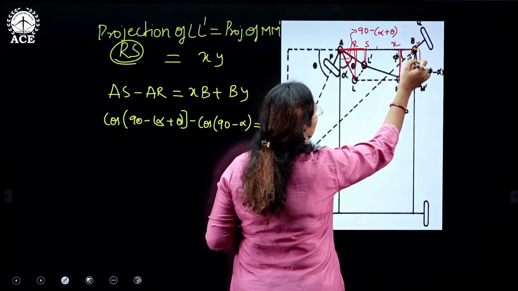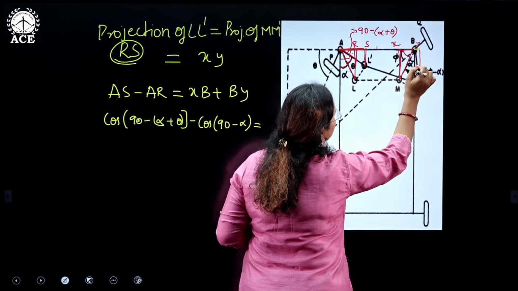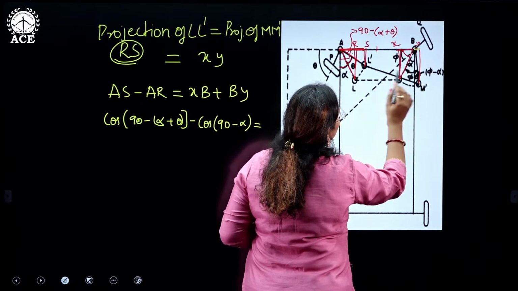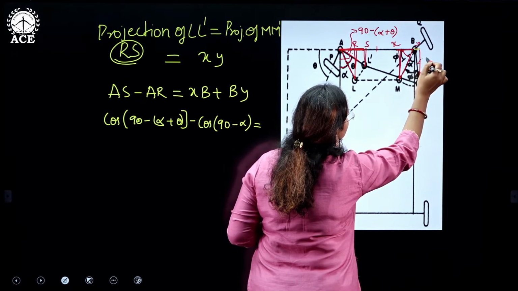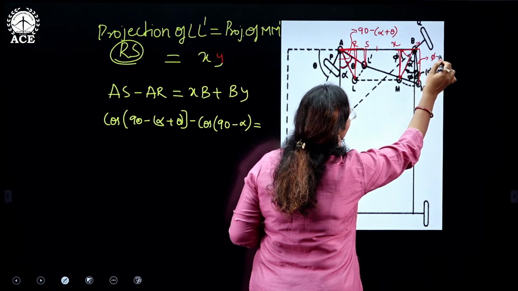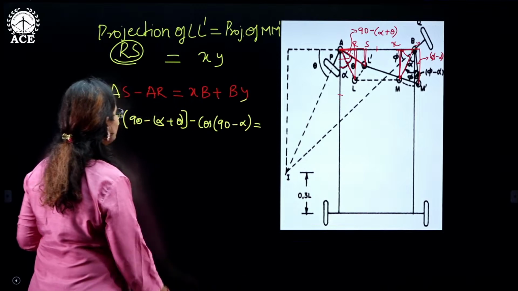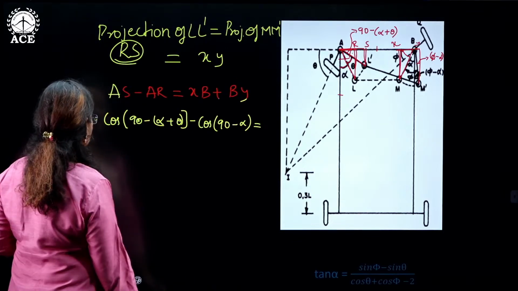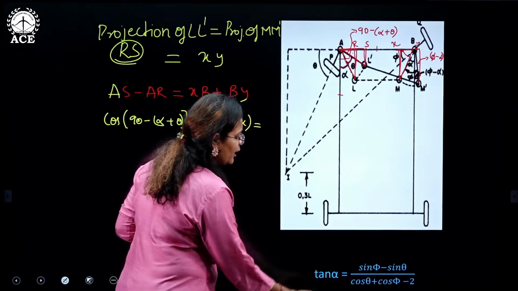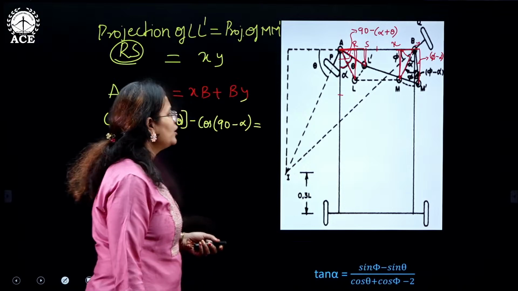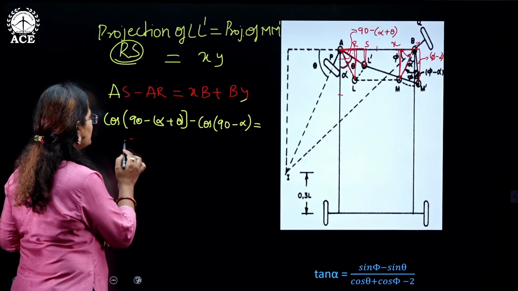So here it is, I will say this particular angle here, phi plus this is alpha. This is alpha minus phi here, and if I take this particular angle, this is again phi minus alpha. Okay. So if I follow the same condition there, you will finally get tan alpha is equal to sin phi minus sin theta by cos theta plus cos phi minus 2. You solve the same condition and then you have to just expand here. Cos 90 minus theta is nothing but sin theta.